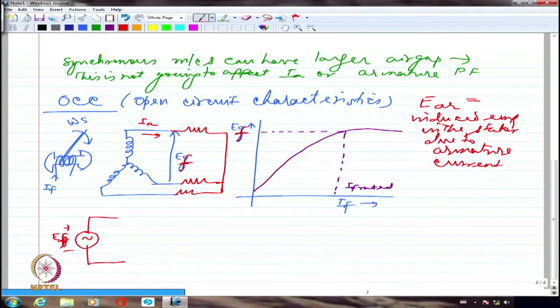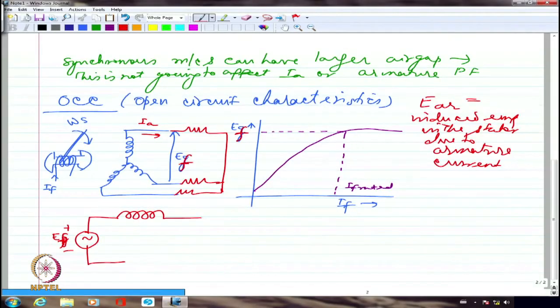So, now when I look at the resultant, I have to look at the resultant of these two EMFs before I say what is there in the terminals of my machine, the armature terminals of my machine. This armature reaction EMF, actually, I can specify as a reactance drop.